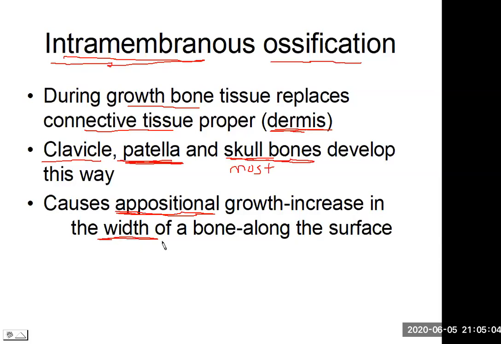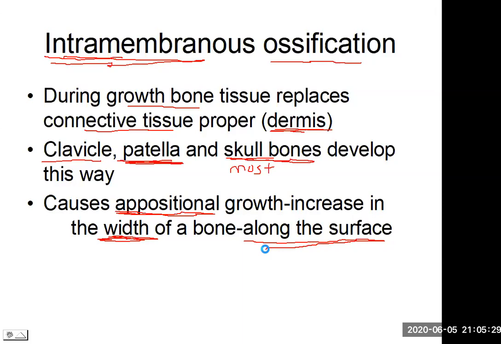And every bone in our body, no matter which mechanism it grows by, all the bones in our body undergo this widthwise expansion. And this is a result of osteoblasts, which are depositing bone right along the surface of the bone and expanding the surface, expanding the width of the bone.